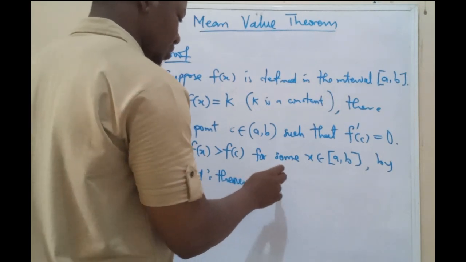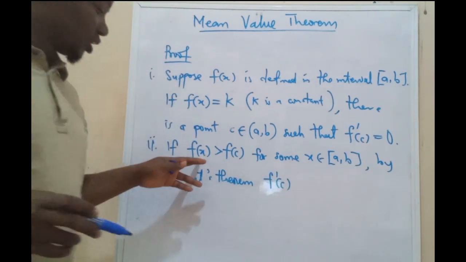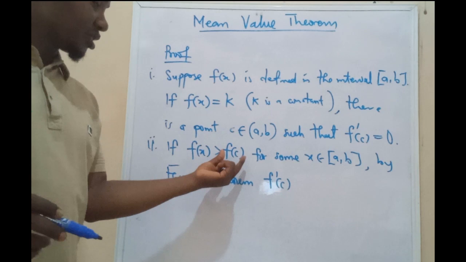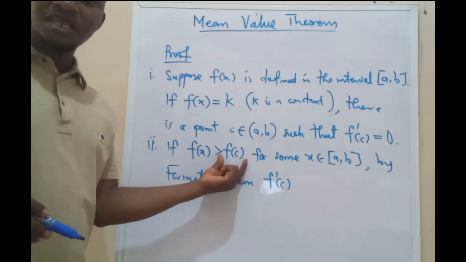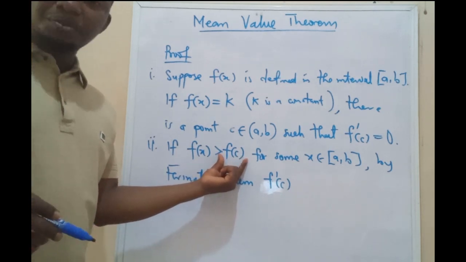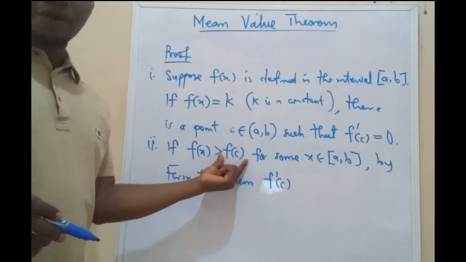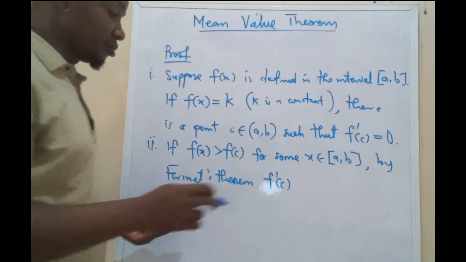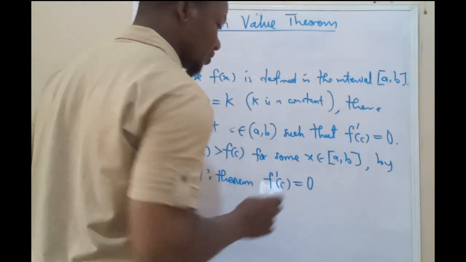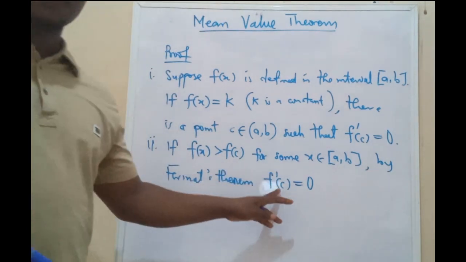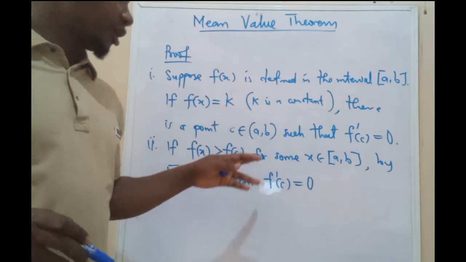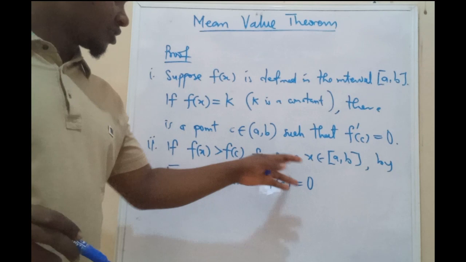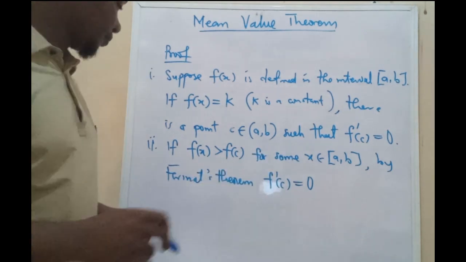Because if this happens, f of c is the minimum, and according to the Fermat theorem, we say this is 0. In that case, we say c is a critical point of this function.